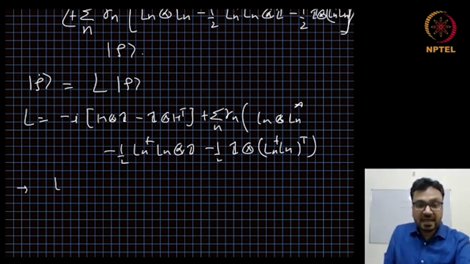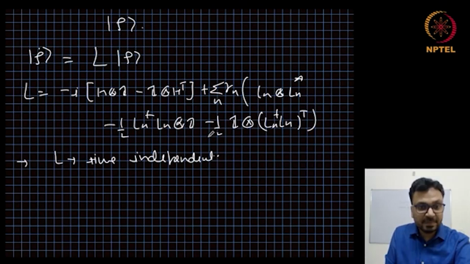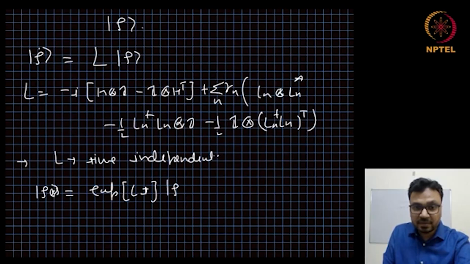Now if L is time independent, then rho at time t becomes exponential of L t times rho at 0.